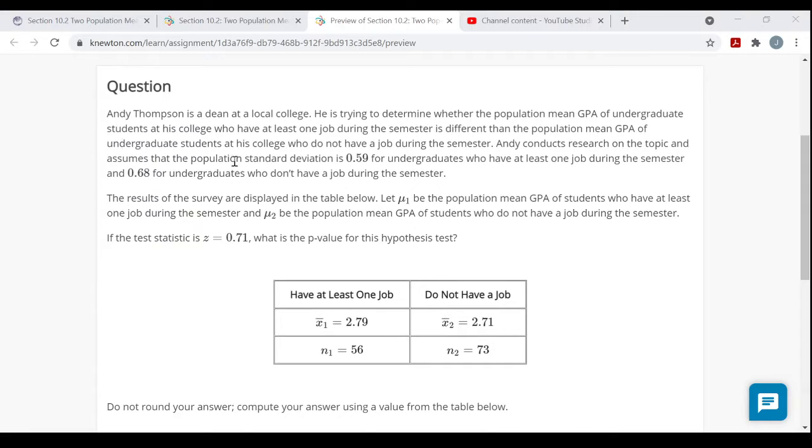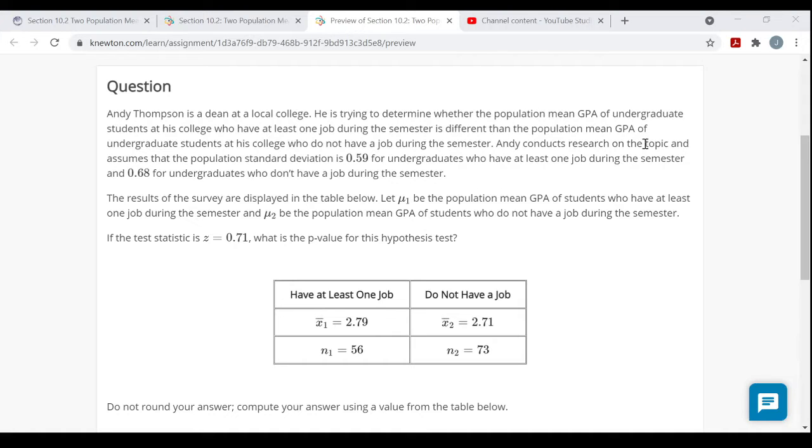Okay. So the question here is this. Andy Thompson is a dean at a local college. He's trying to determine whether the population mean GPA of undergraduate students at his college who have at least one job during the semester is different than the population mean GPA of undergraduate students who do not have a job during the semester.